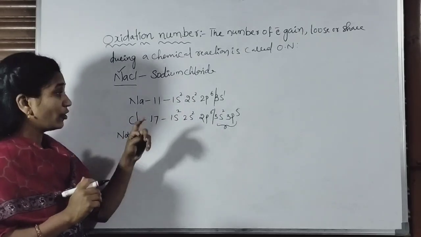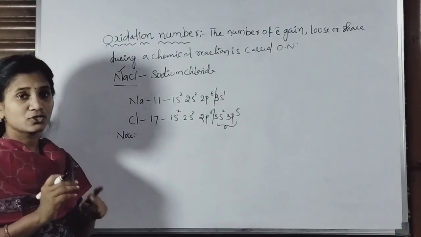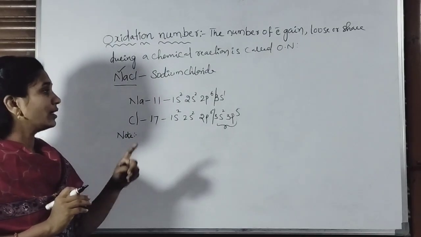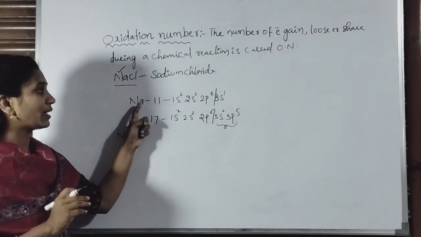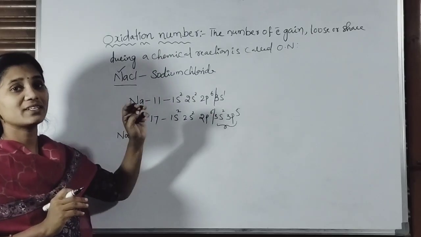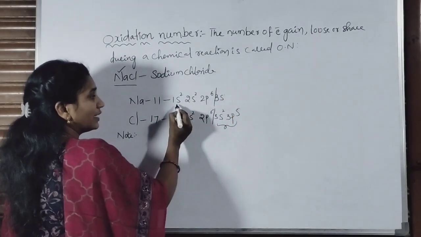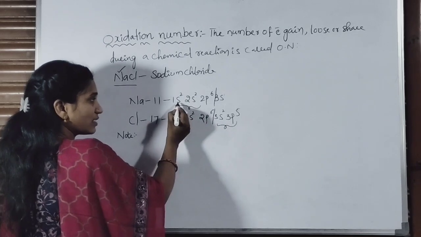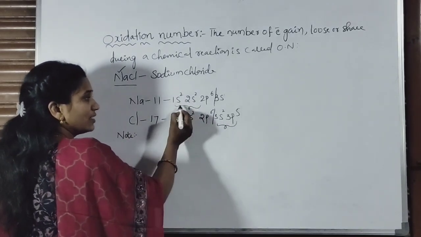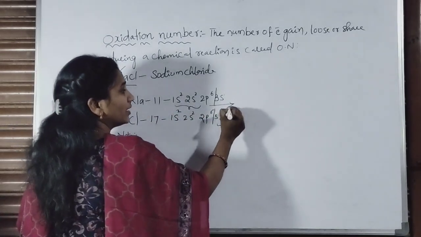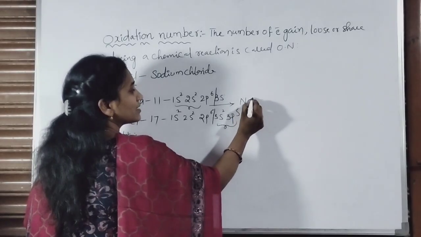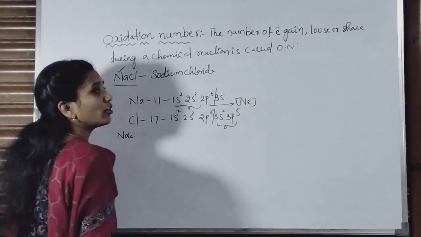To get the nearest noble gas configuration, the sodium metal should lose 1 electron from its outermost shell, because then it is left with 1s2, 2s2, 2p6. This electronic configuration is of neon.